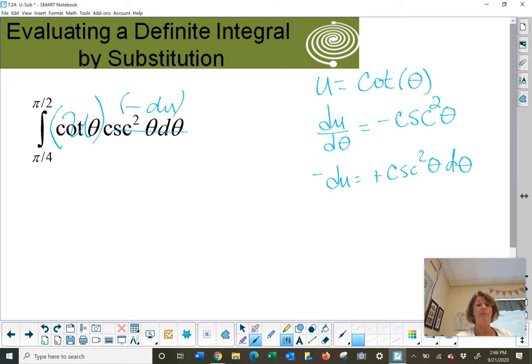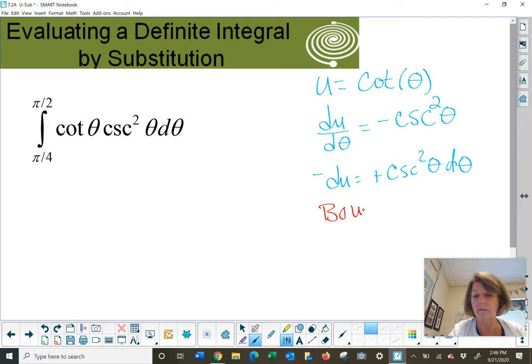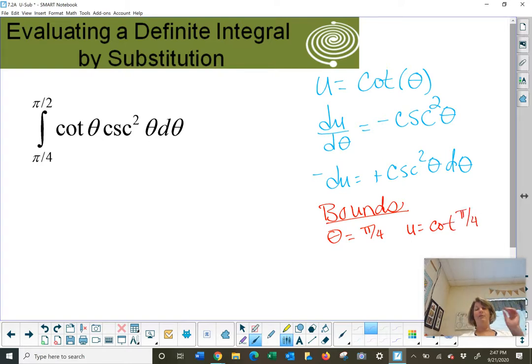Easy. Got that. We just need to change our bounds. All right, so I'm going to update this. Let's get the bound change going. When theta equals pi over 4, u would be equal to cotan of pi over 4. That would be cosine over sine. Same over same. Cotan's going to be 1.